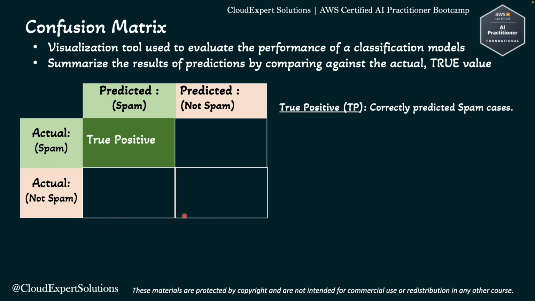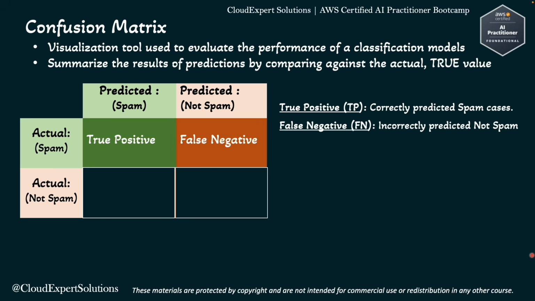First one is true positive. That means instances where the actual email is spam and the machine learning algorithm also detected that email as spam. That means the prediction matches the actual value. That is called true positive. Then false negative, where the actual email is spam, however the model predicted it as not spam. That means these are the missed cases.